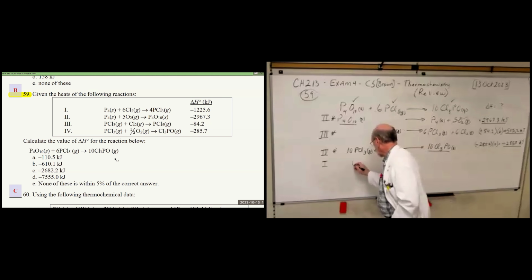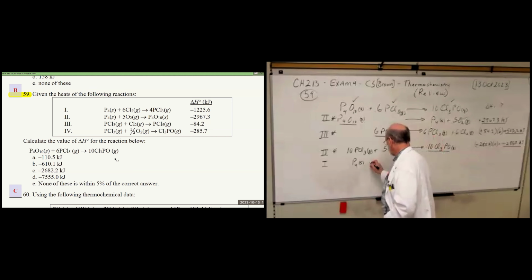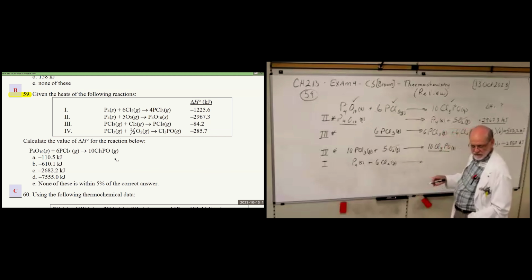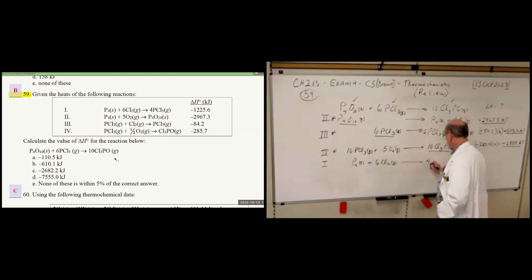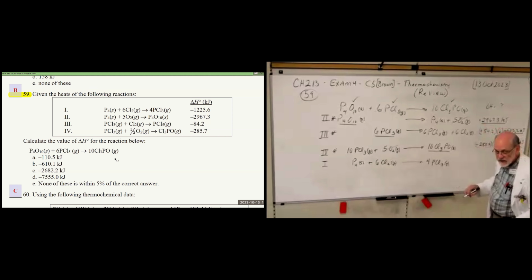So we have P4 plus 6 Cl2 gas yields 4 PCl3 gas. And that value is minus 1225.6 kilojoules.